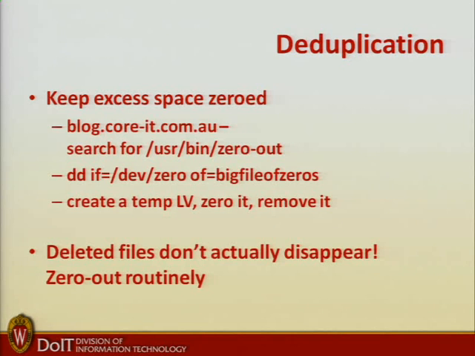The only thing that I would suggest adding to it, if you're using logical volume management, you're going to have some space in the logical volume manager that's not allocated. What you can just do is create a temporary LV, just dd /dev/zero into that temporary LV, wait until it errors out because it reached the end of it, and delete it again. That works great for zeroing it out.